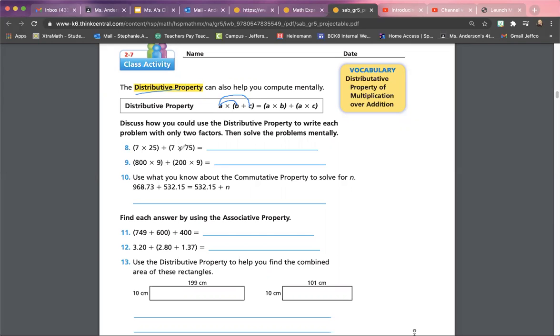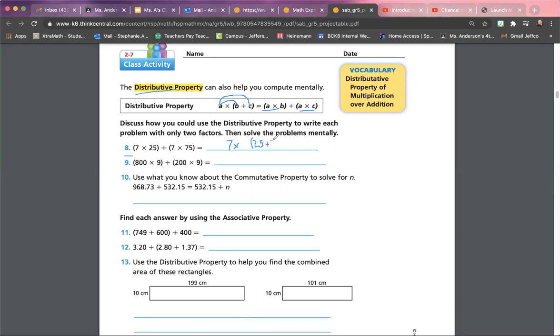So if you look at our answer, let's look at number 8 for a better example here. So 7 times 25 plus 7 times 75. I have pulled these two apart, right? But 7 has been distributed to both numbers. So I could really rewrite this as 7 times 25 plus 75.